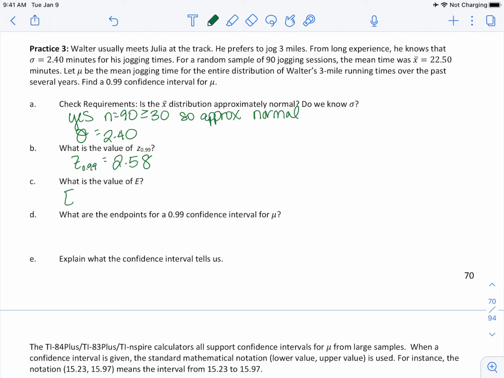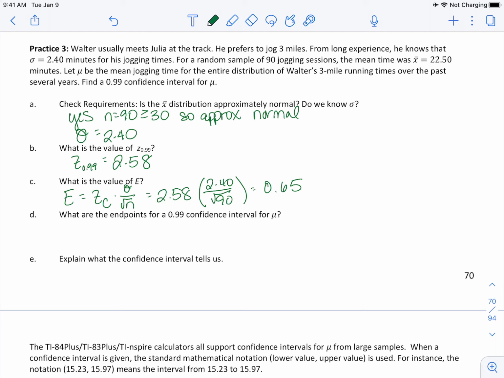What is the value of E? Remember, our formula for the margin of error is ZC times sigma divided by root n. Please find this. So we have 2.58 times 2.40 divided by root 90. That's going to give us 0.65.